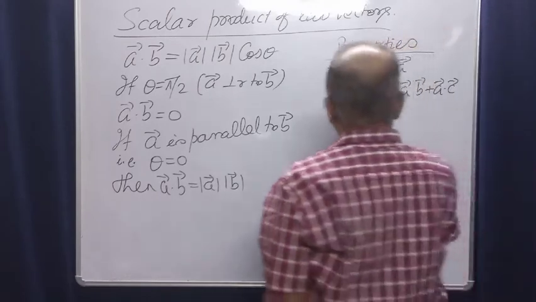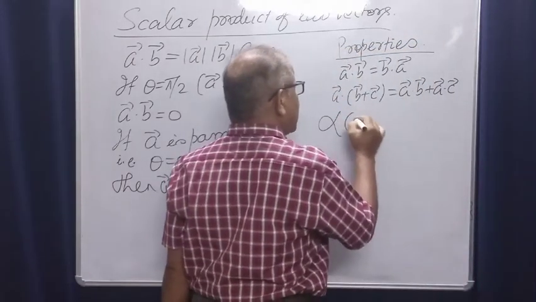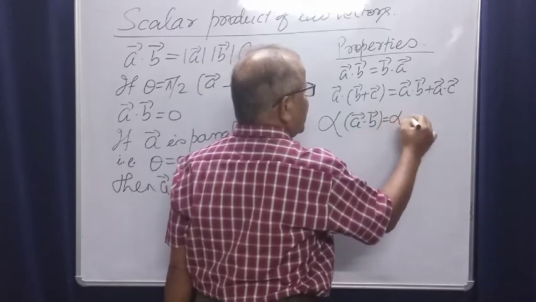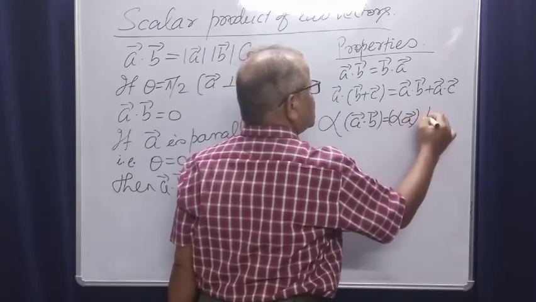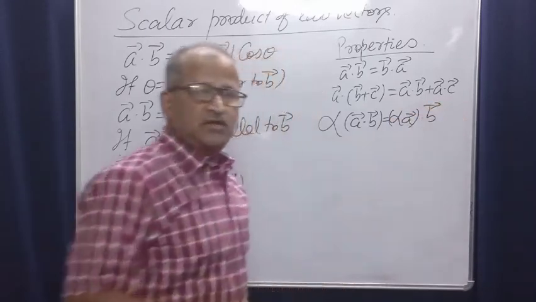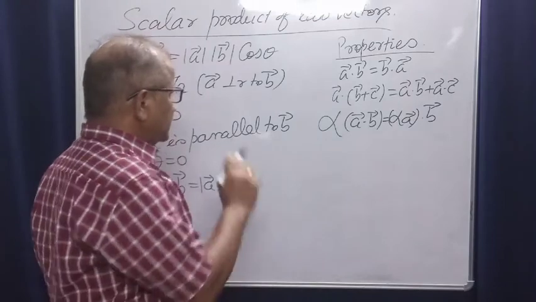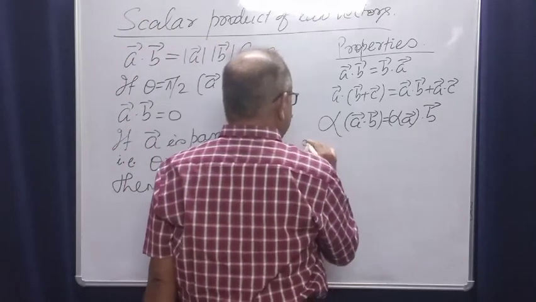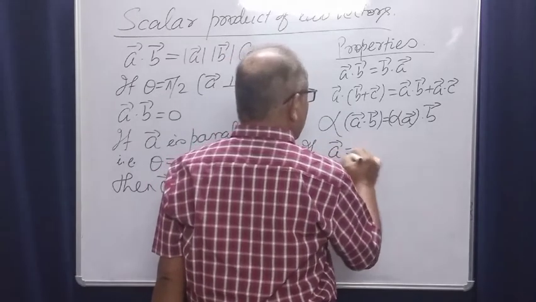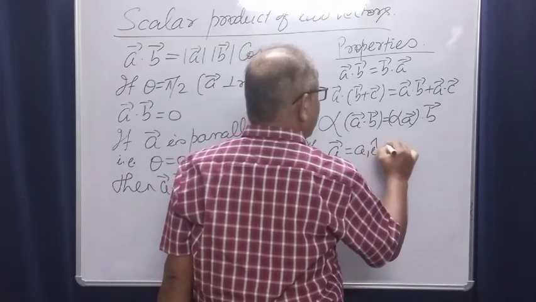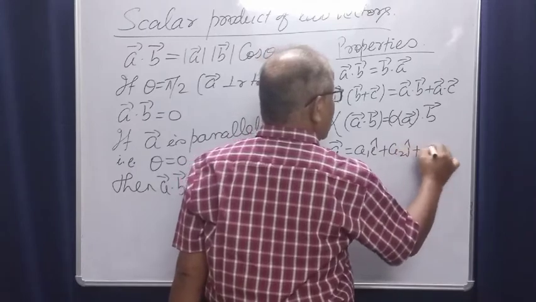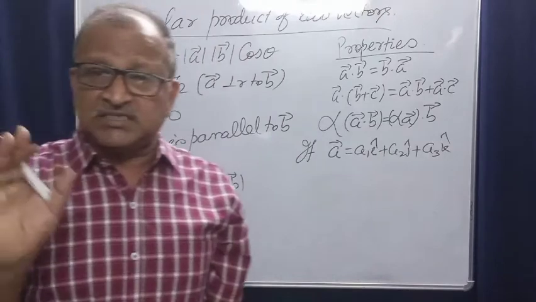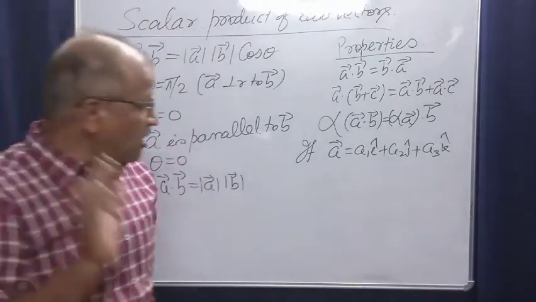And it is associative with respect to scalar multiplication, multiplication of a scalar like this, alpha A dot B, right? These are the properties. Using these properties, we can see that if A is equal to A1 i cap plus A2 j cap plus A3 k cap, that means a vector is expressed in terms of its components.